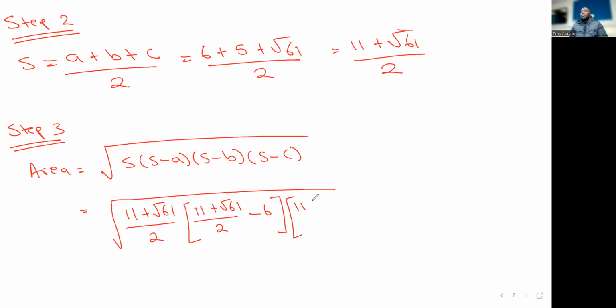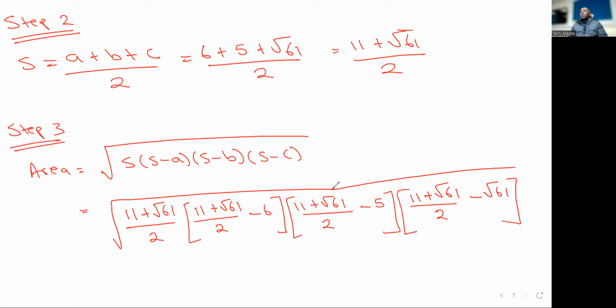Then 11 plus root 61 over 2 minus B is 5, and you have 11 plus root 61 over 2 minus C is root 61. And when you press all this in your calculator, your area will give you 15. Okay? And you get the same thing we got last time.